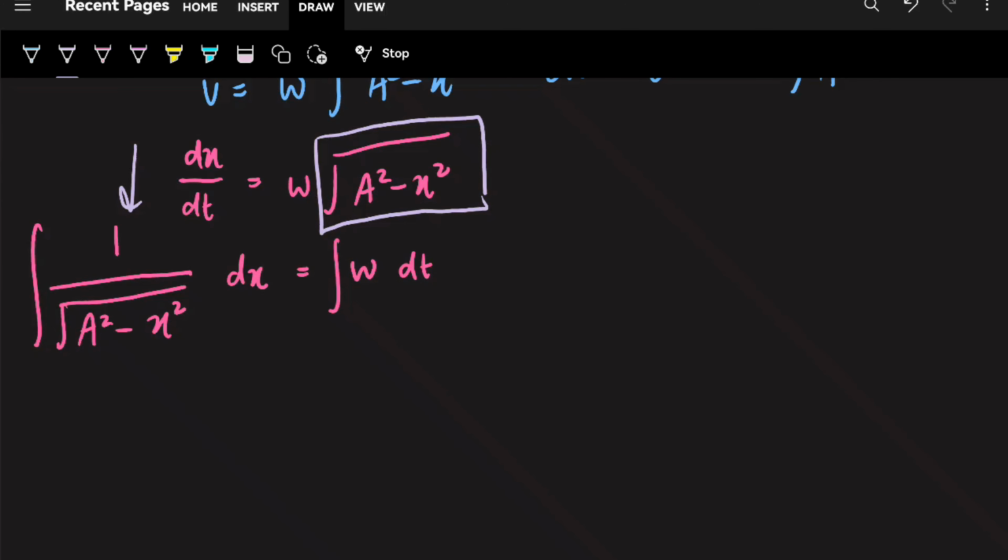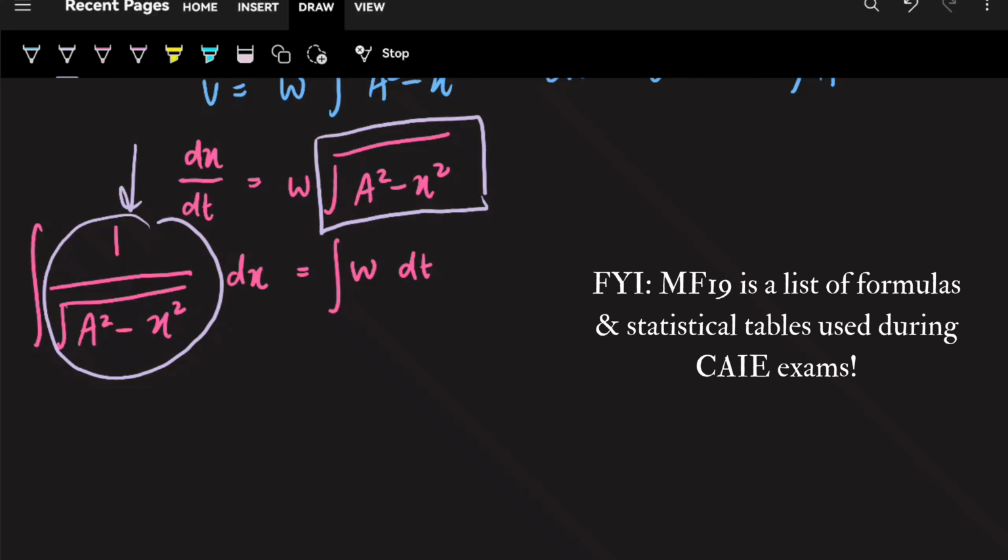Knowing how to integrate this is actually part of further maths. But if you are curious, no problem, you just open your MF19, your formula booklet, go all the way to further pure maths and go to the integration part. You will see a function like this.